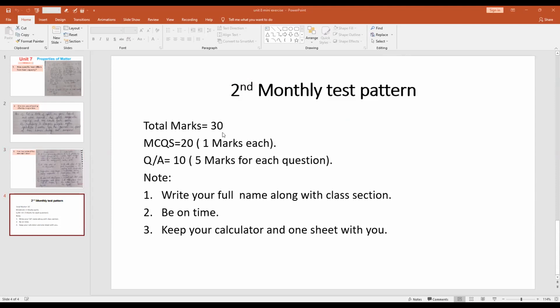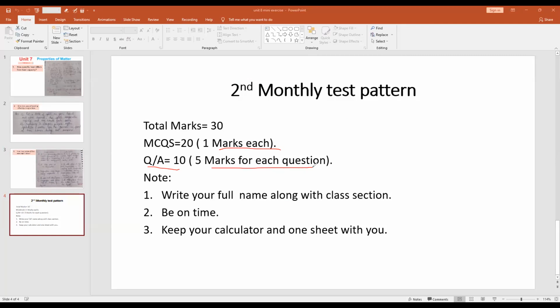So for your convenience, the first part consists of MCQs, about 20 marks, right? And each MCQ carries 1 mark. And the question answers carry 10 marks, with five questions of 2 marks each. And the question answers are very short.